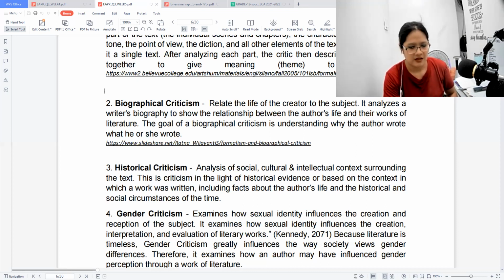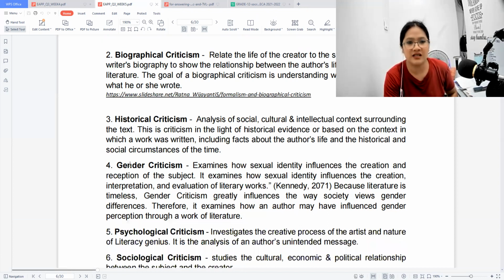So, gender criticism, on the other hand, examines how sexual identity influences the creation and reception of the subject. Kumbaga, we're taking gender as is, yung walang female or male, to be specific, but gender per se. So it examines how the identity of an individual in terms of sex would influence the creation of the text, how this could be made sense, how could this be evaluated.